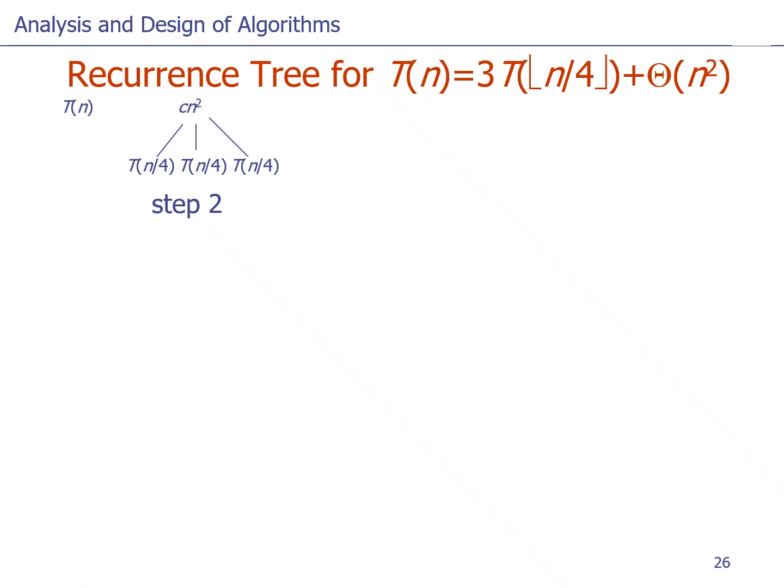So since it's n by 4, four supposedly equal parts, a quarter and a quarter and a quarter and a quarter, and we're taking 3 of them. And apparently 1 quarter just disappeared. And then at every one of those steps, it was doing O of n squared effort. That is a theta of n squared, which means it's always doing that. Theta means it's omega and it's O, so it means it's always doing it, okay?